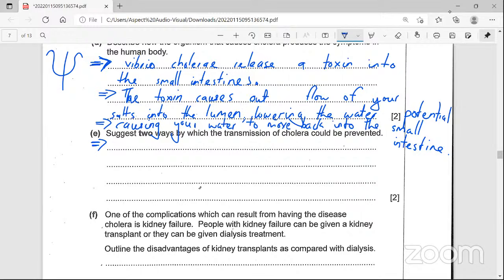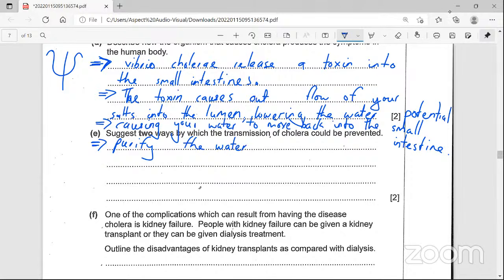How? Yes. Guys, the back there. What was the answer? To purify. Purify the water. How do you purify it?